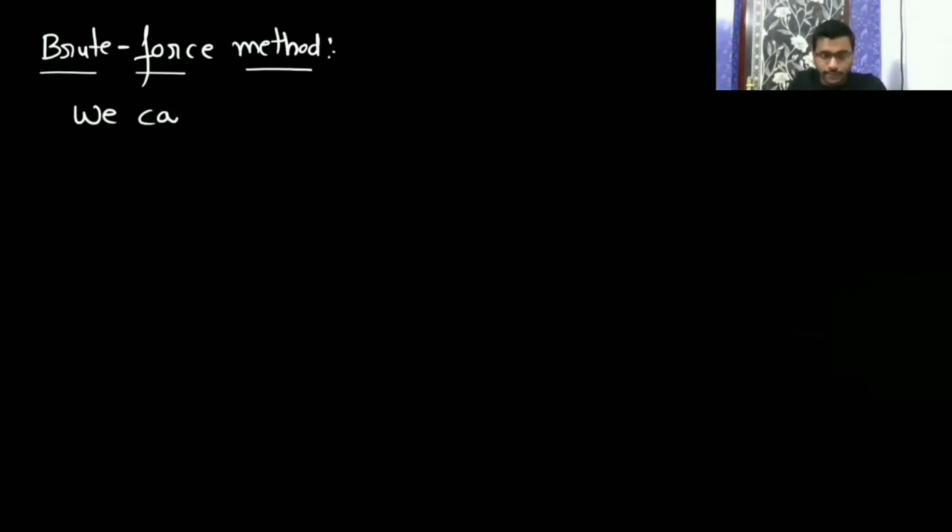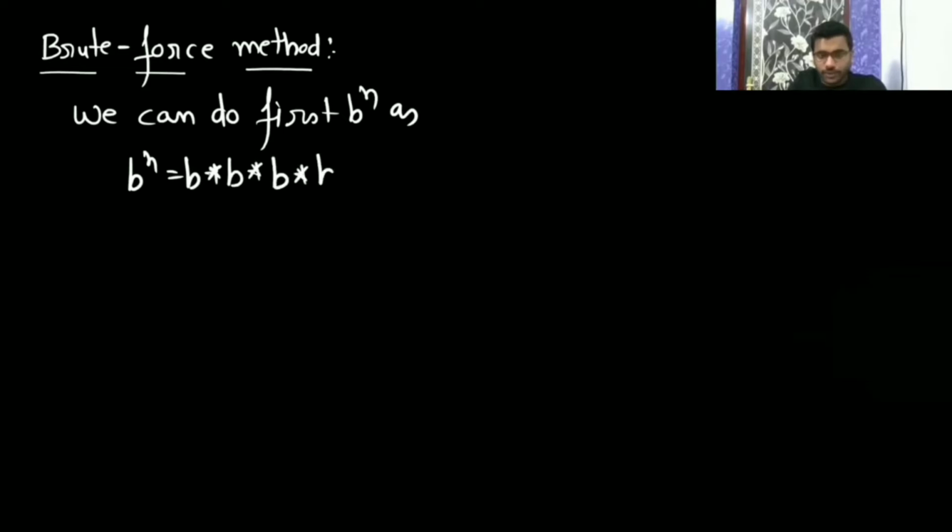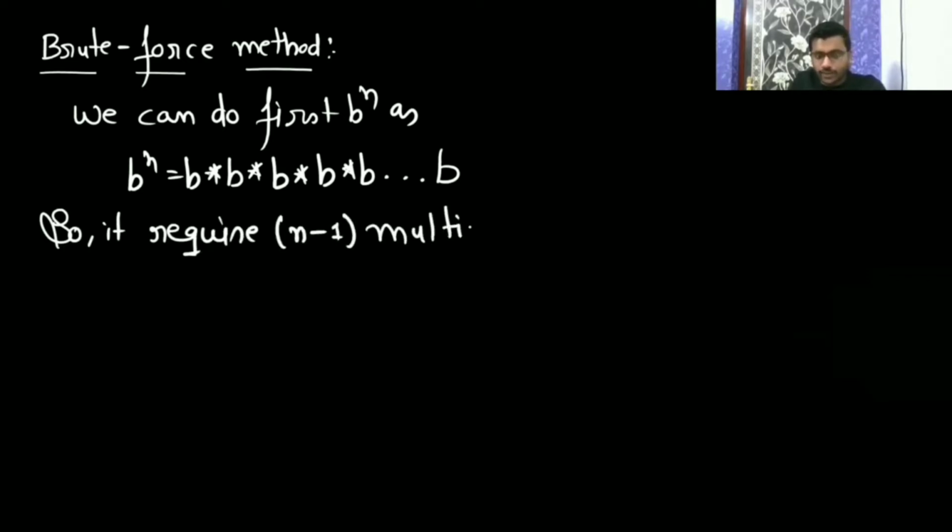You can use the brute force method, in which you have to do all the multiplications. With brute force, you can write the notes: b to the power n is equal to b into b into b into b, till n times.